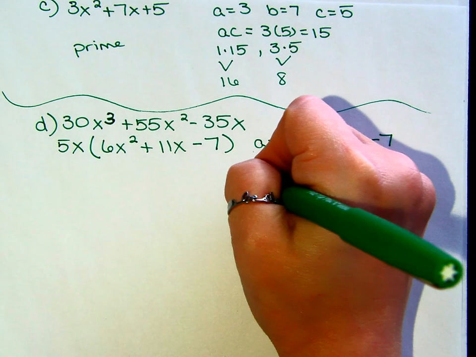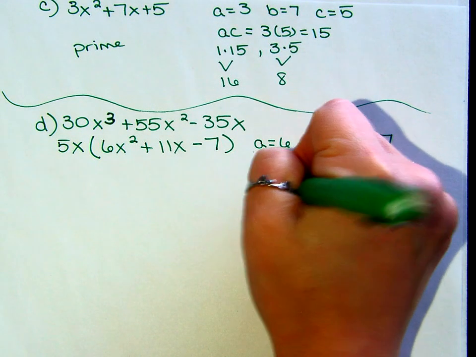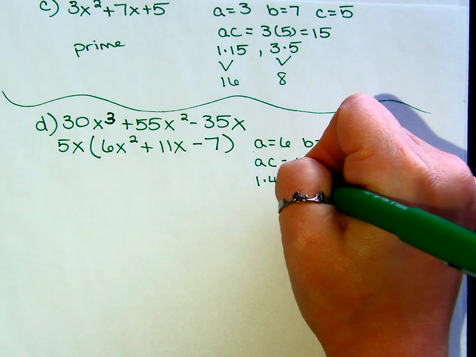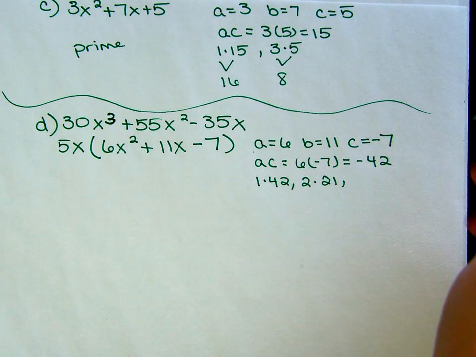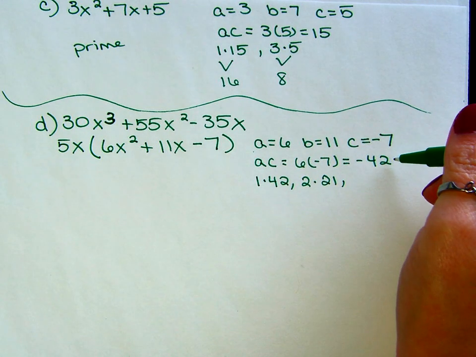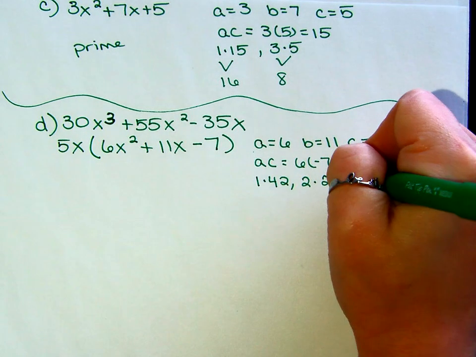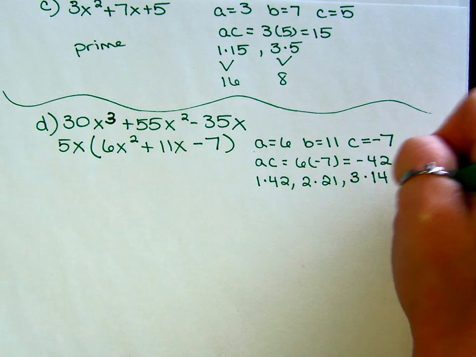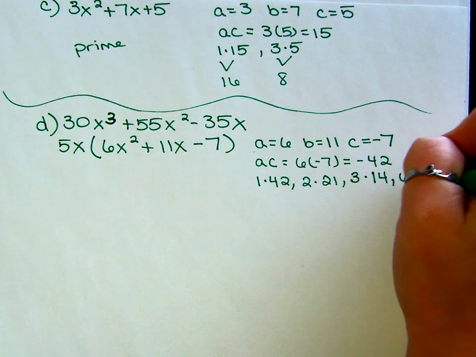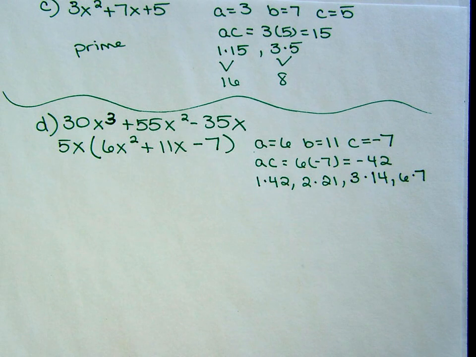I know it's even, so that would be 2 times 21. 4 plus 2 is 6. 6 is divisible by 3, so this is divisible by 3. It's going to be 3 and 14, and 6 and 7. These are all the factors of 42.